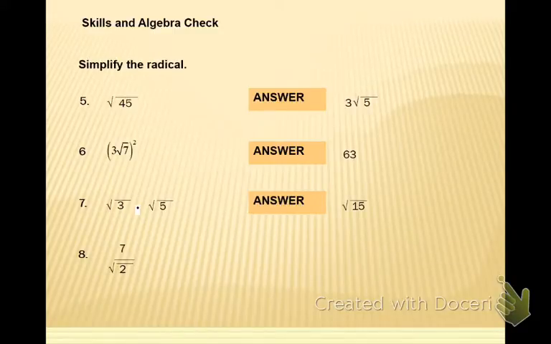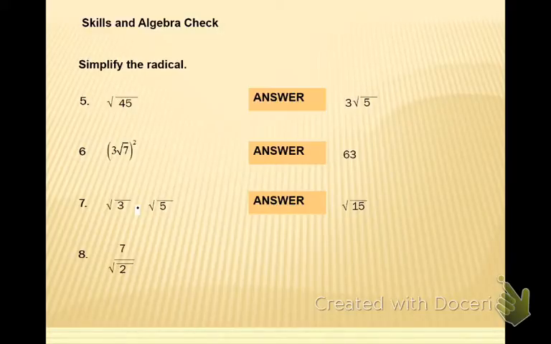All right, on this one, what's wrong with this? What's wrong with the form it's in? Yeah. Can't have radical on the bottom. Right, you can't have radical on the bottom, so we have to rationalize the fraction. When you rationalize, you just multiply the top and the bottom times radical 2, because to get rid of the radical, if I multiply radical 2 times itself, it becomes 2, right?